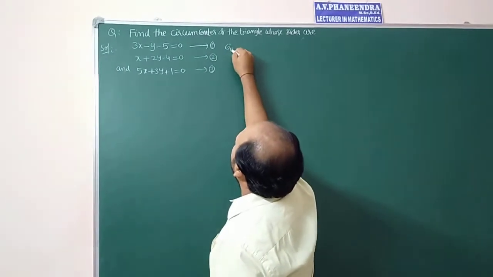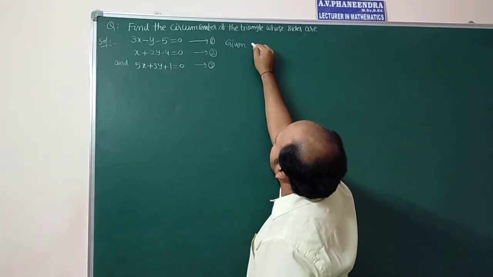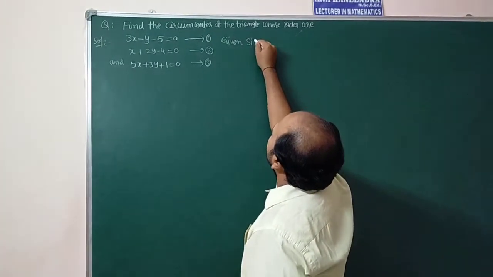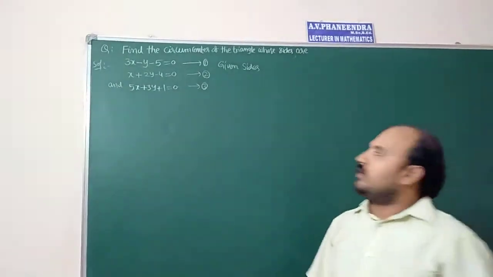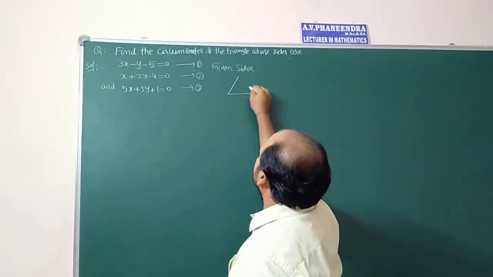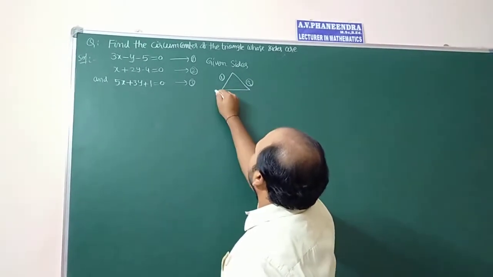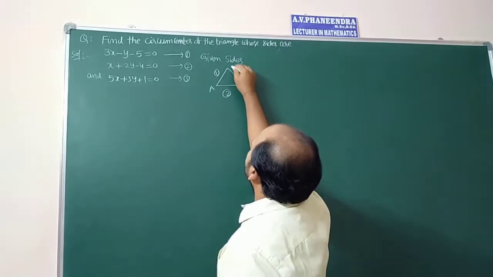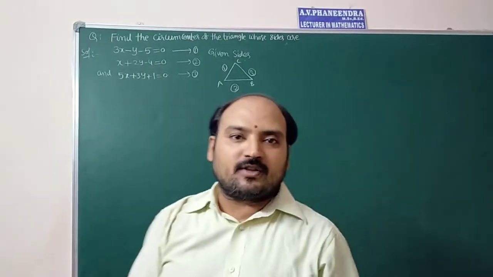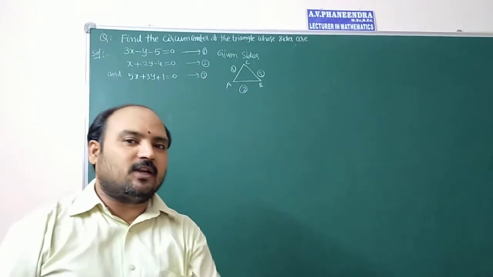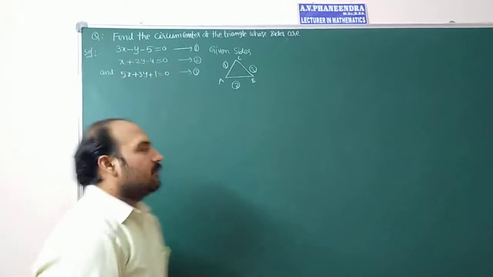Here the step is the given equations of the sides of the triangle. Simply, you can write given sides, equations 1, 2, 3. In the rough diagram, it mentions equations 1, 2, 3. This is point A, point B and point C. First you have to solve the three equations simultaneously and get the points A, B, C.